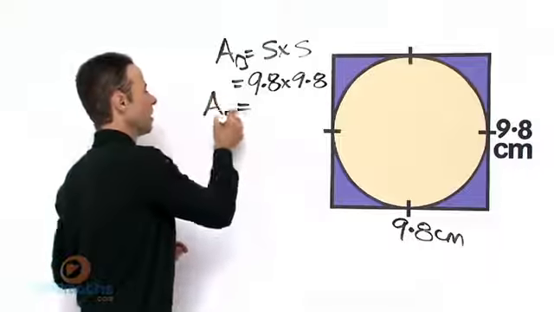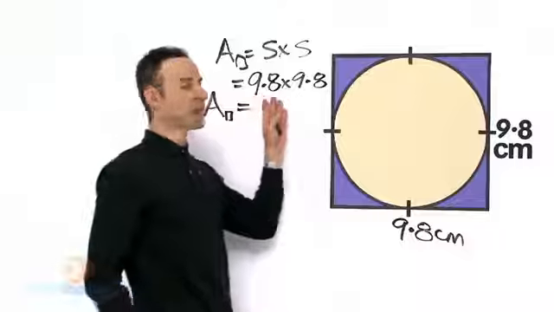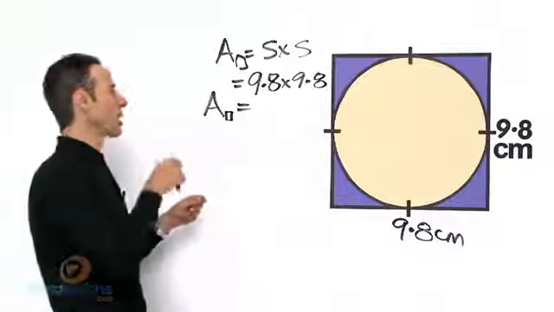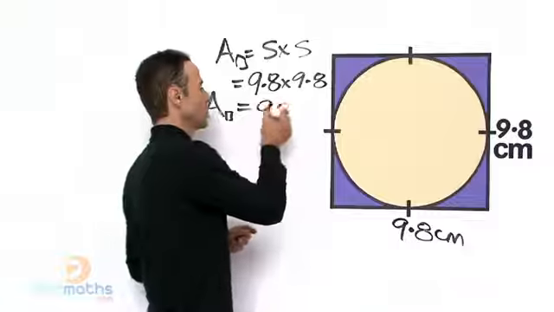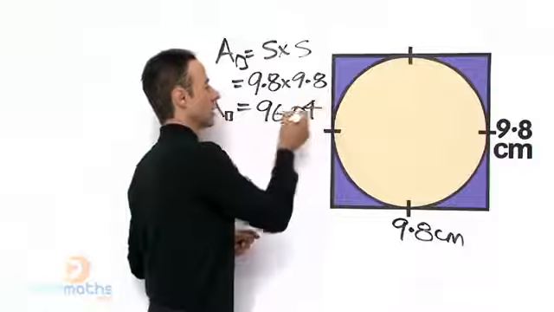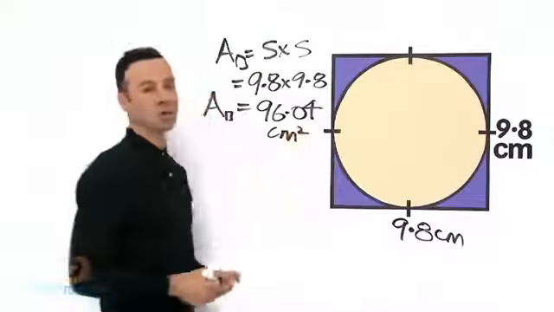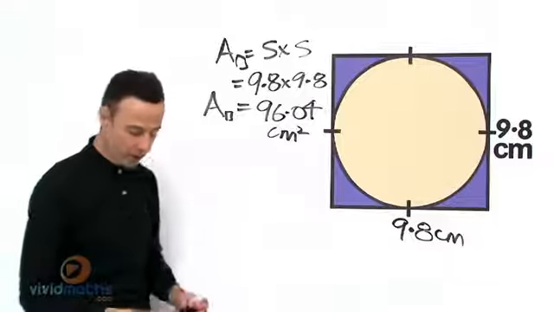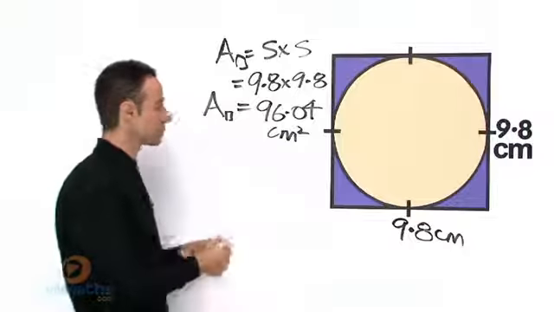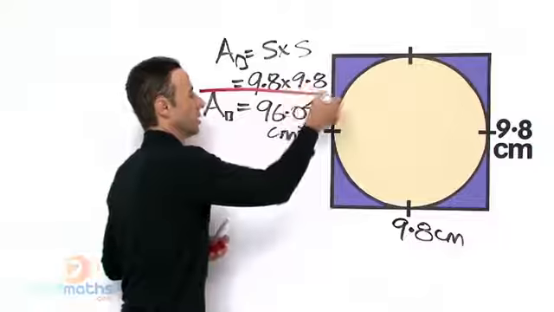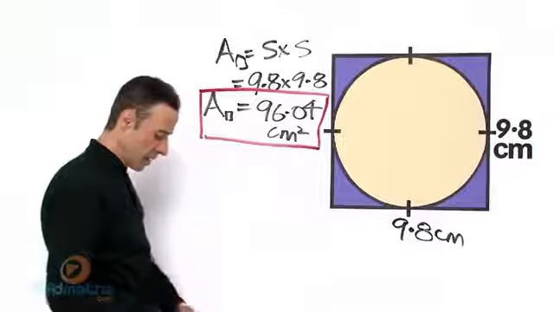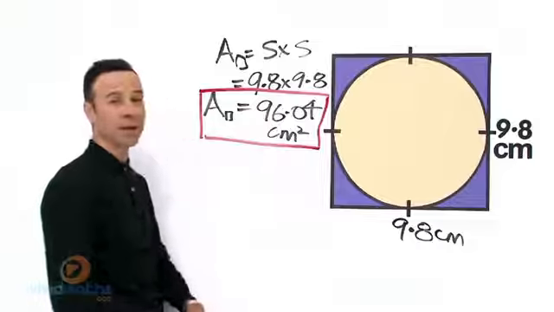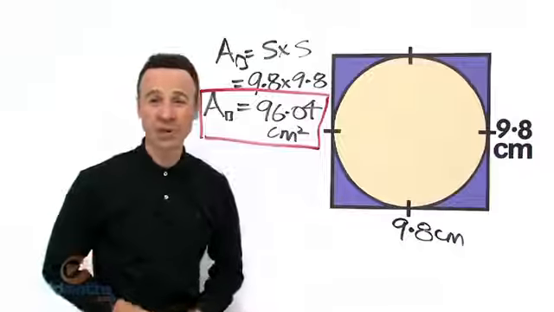So the area of the square in totality in your calculator, 9.8 times 9.8 gives us 96.04 centimeters squared. Let's mark that out. There's our square.